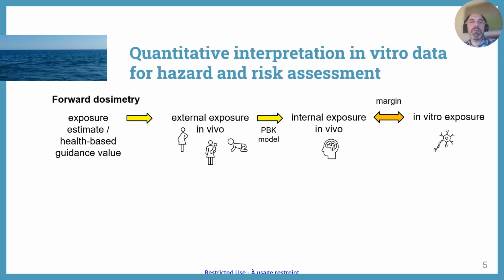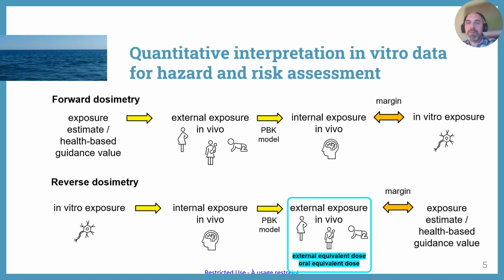This defines the external exposure used as input in the PBK model to be translated into an estimated internal exposure in vivo. By comparing this predicted internal exposure metric to the in vitro exposure of interest, which can be a given effect concentration from an in vitro assay, the in vitro data can be contextualized with external exposure of interest.